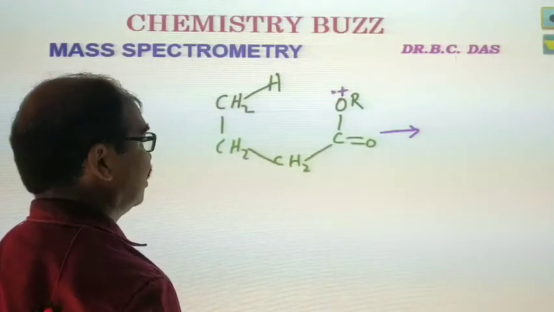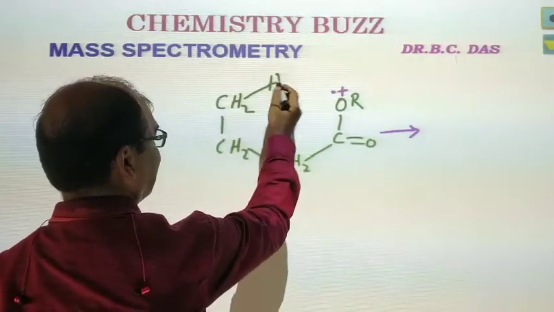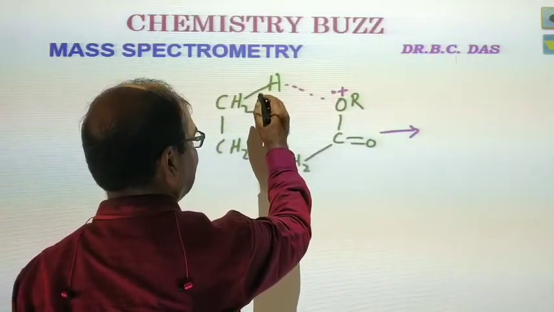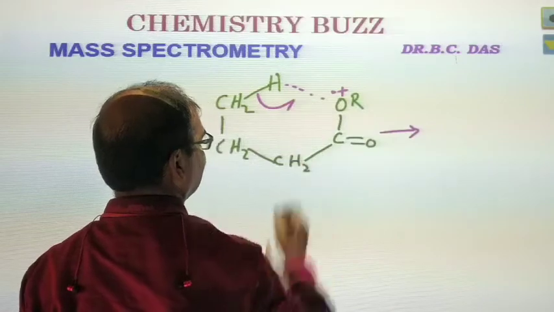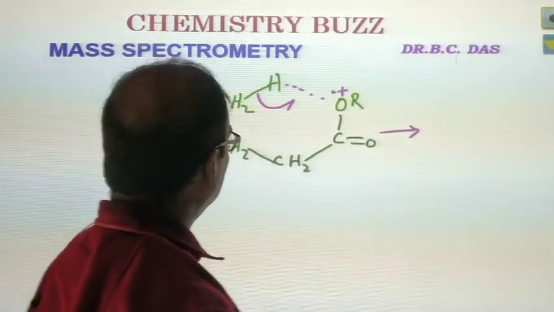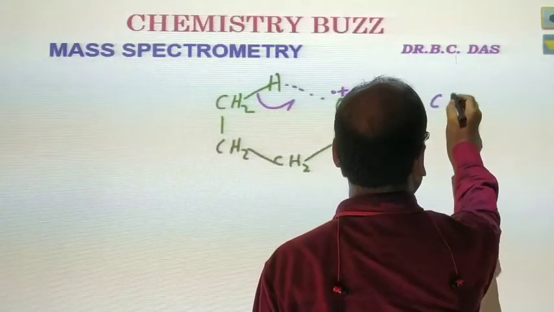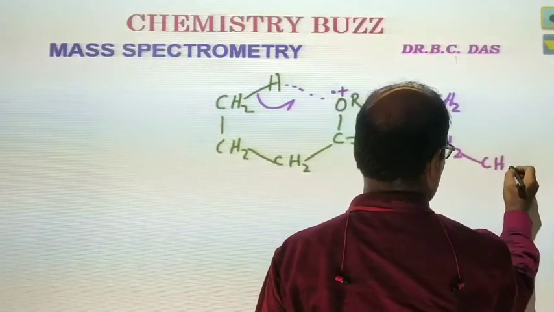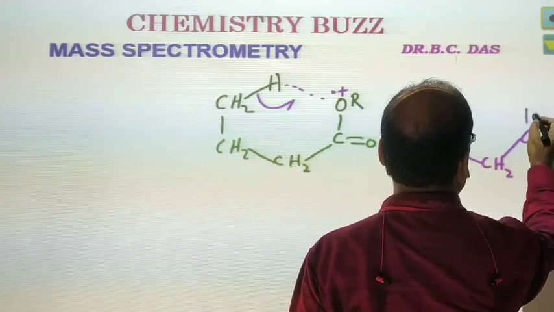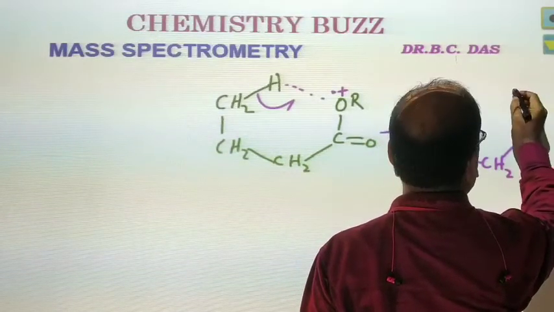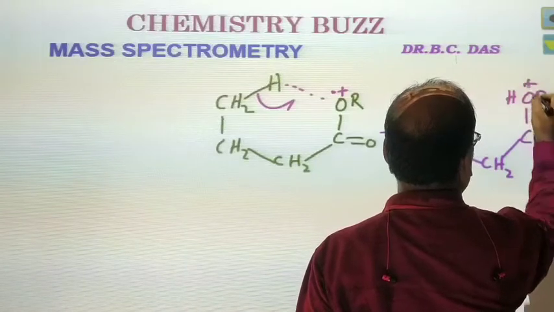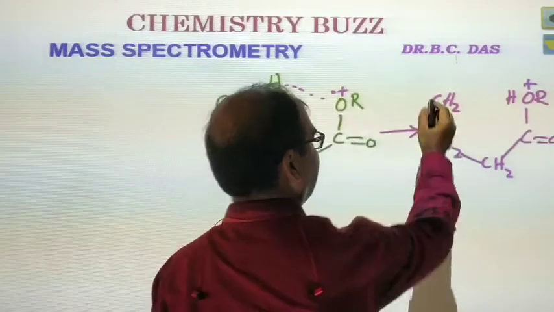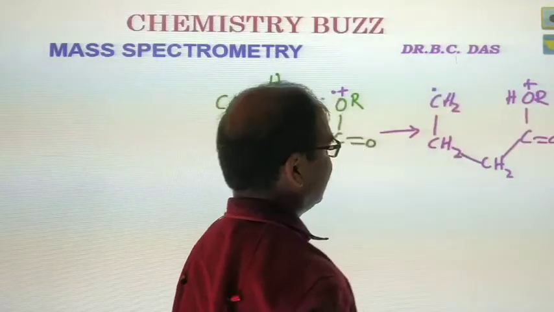we have alpha, beta, gamma, then it is the gamma hydrogen, so this will form a 6-member ring and subsequently it will move with its electron to give you CH2, CH2, CH2, CO, HR plus, and double bond O, and here a single electron is there.